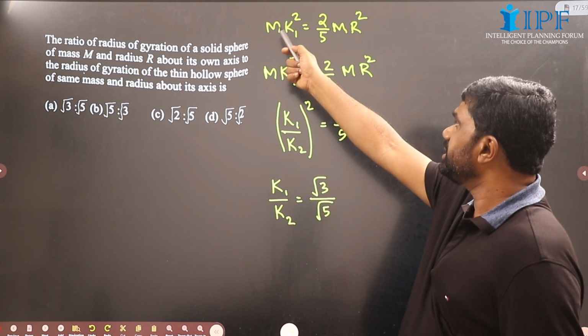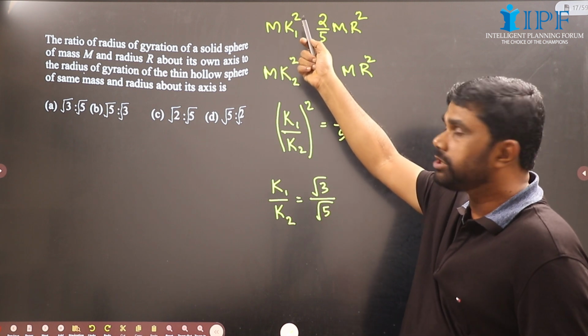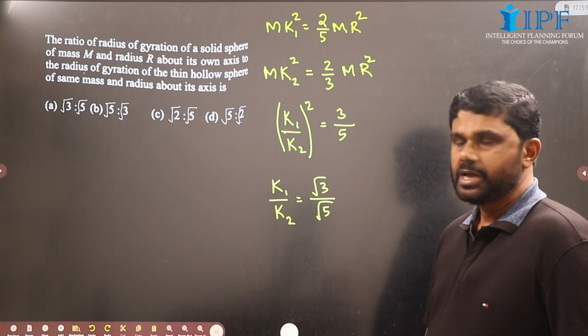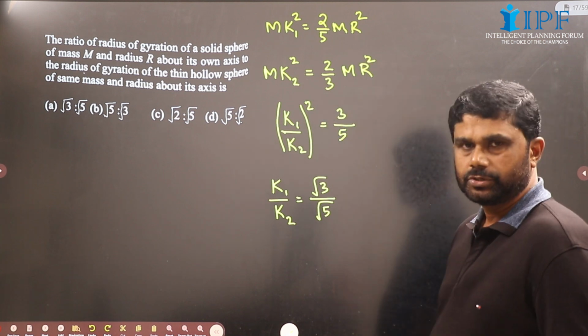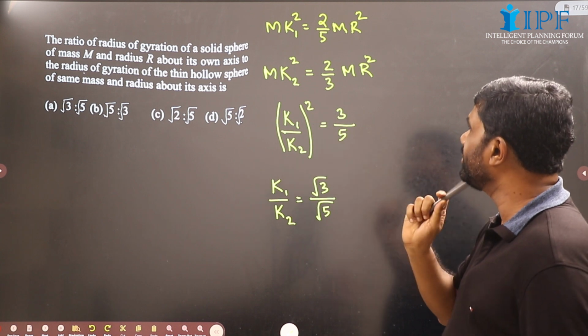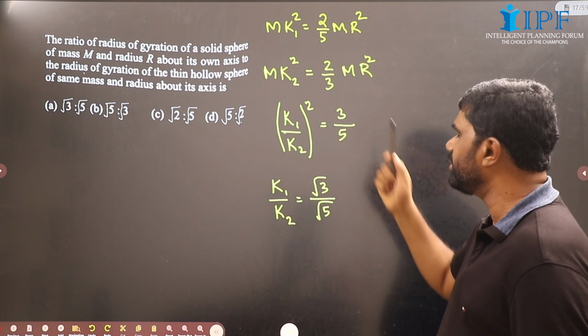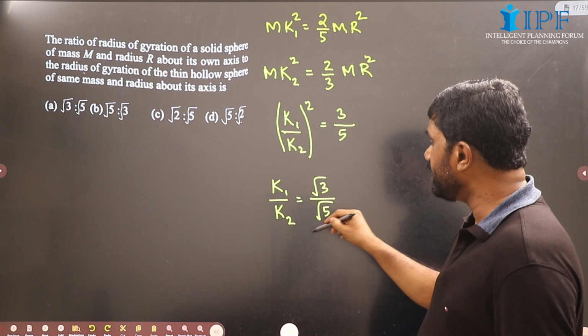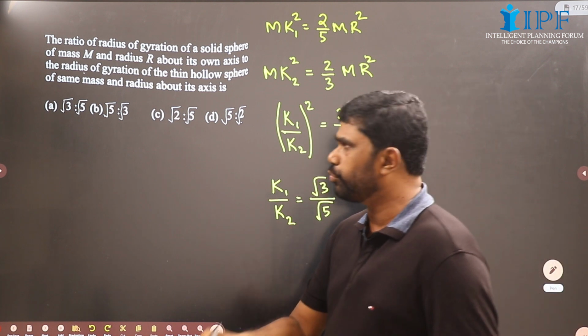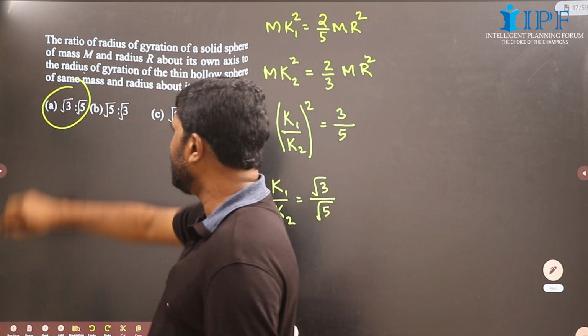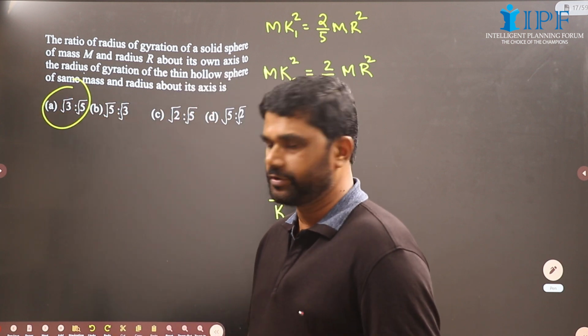Moment of inertia is mk1 square, that is solid sphere, 2/5 mr square, and mk2 square, that is hollow sphere, 2/3 mr square. So (k1/k2) whole square, if we divide these two, we will get 3/5. So k1/k2 will be root of 3/5, or root 3 is to root 5. So this will be the correct option, root 3 is to root 5.